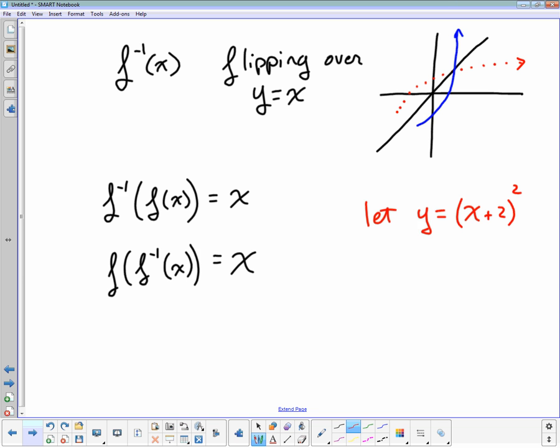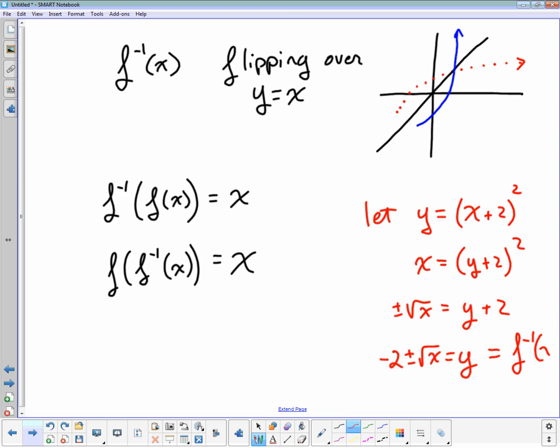You swap the x and the y, and you solve for y. So that's my inverse. Okay. Wonderful, hunky-dory, everybody's happy.